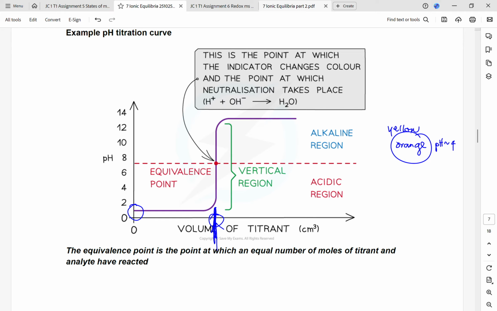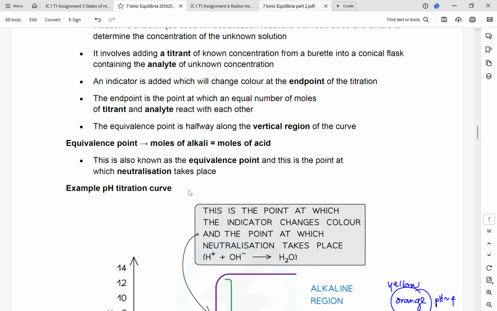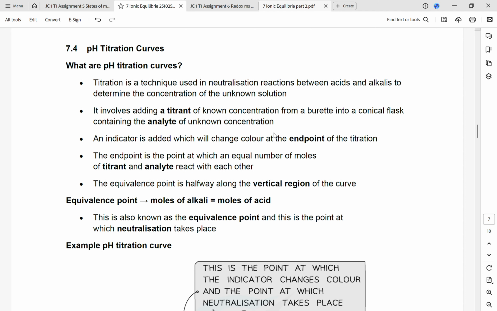The second thing is we can exactly know where the optimum buffer region is. But buffer I will explain another time. So for today, I'll just explain how you draw a titration curve.